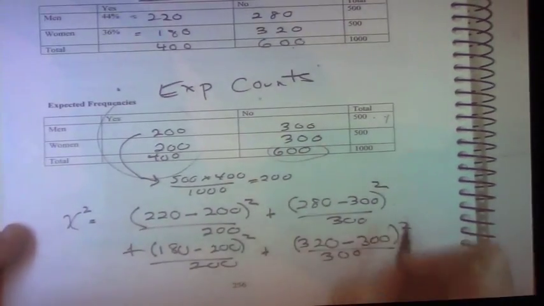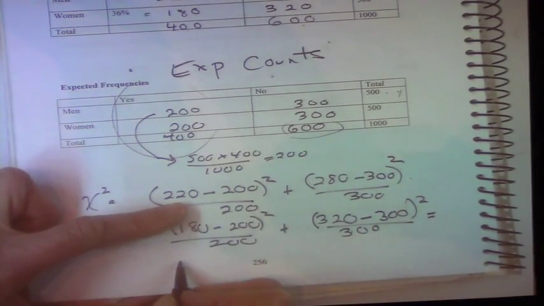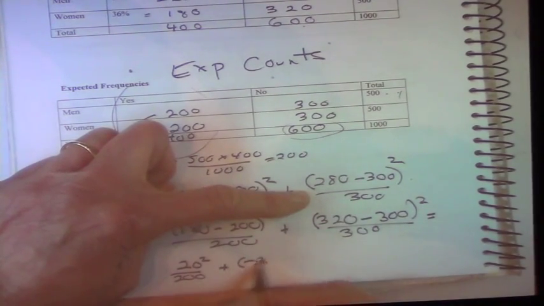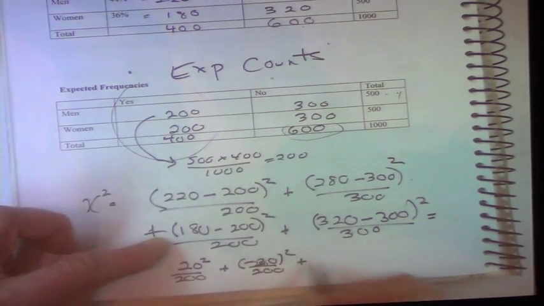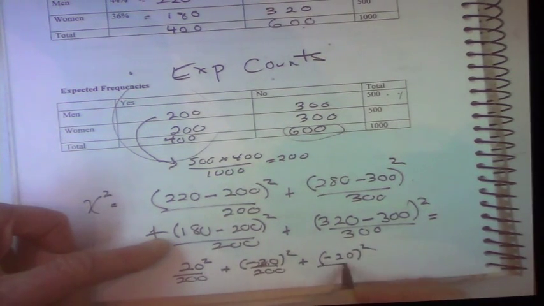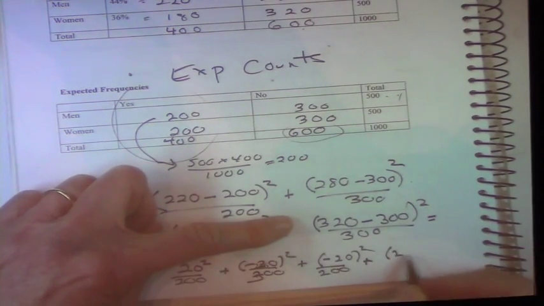And we just add all those up, and these add up easily, because that is 20 squared over 200, and that is negative 20 squared over 200. I'm just going to add them all in a row. And this is negative 20 squared over 200, and this one is 20 squared over 300.